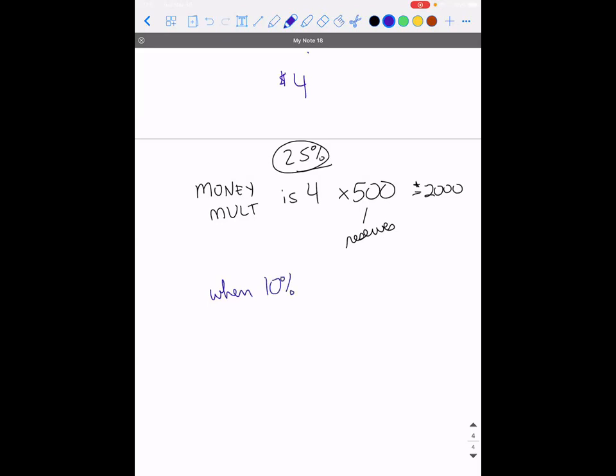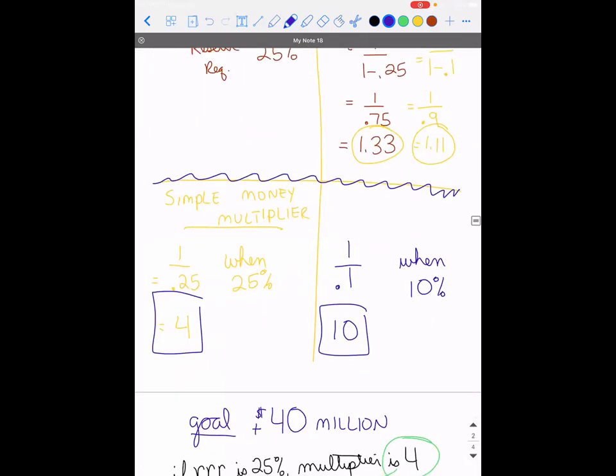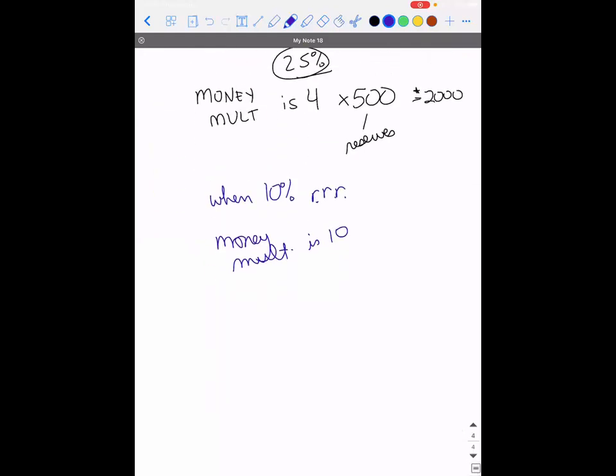When we hit a 10% required reserve ratio, the money multiplier is 10. We know that because we saw that up here. So that would mean 10 times 500 is equal to 5,000.